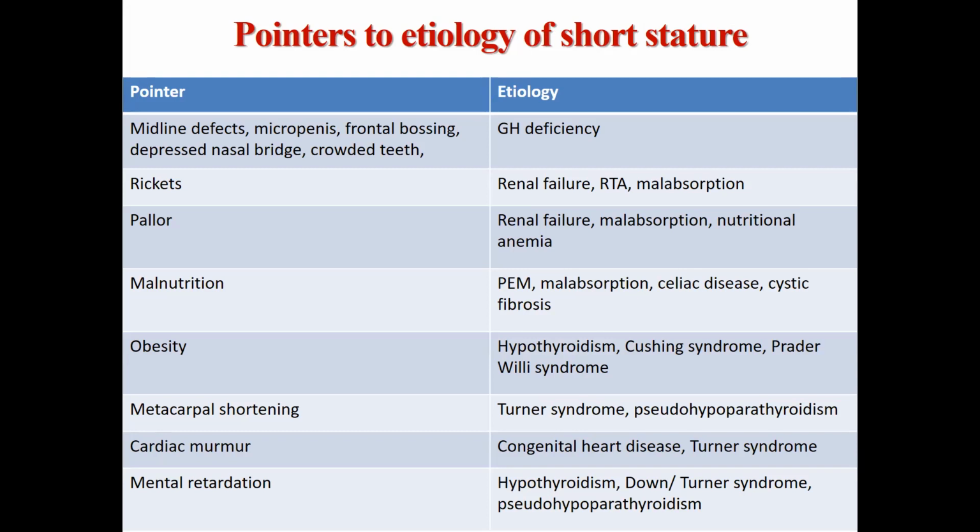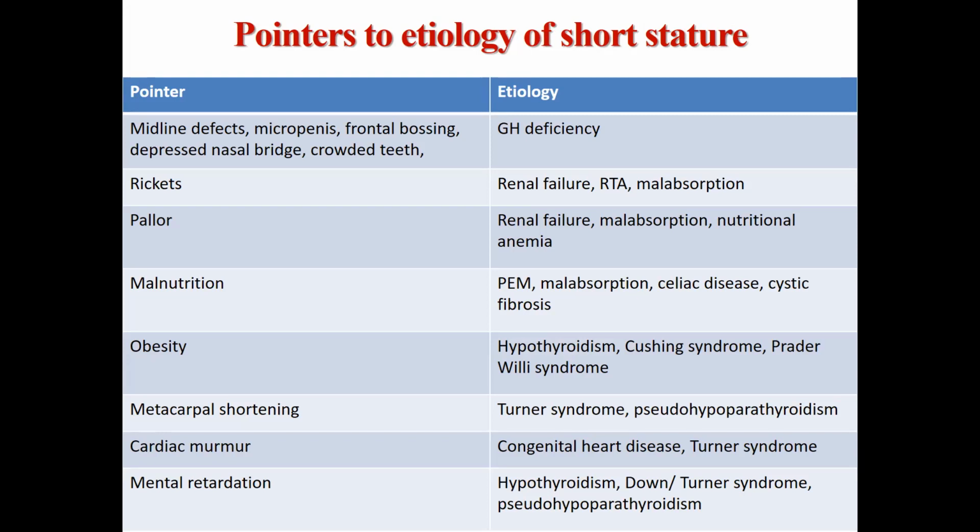The finding of pallor also can indicate renal failure, malabsorption, nutritional anemia, but also can indicate any hematologic disorder. Malnutrition will indicate protein energy malnutrition in infancy, malabsorption in a child, celiac disease, cystic fibrosis. Obesity can be an indicator of hypothyroidism, Cushing syndrome, Prader-Willi syndrome.